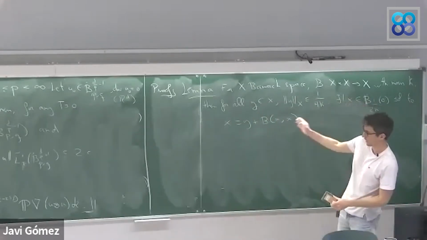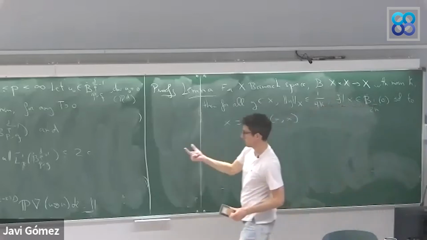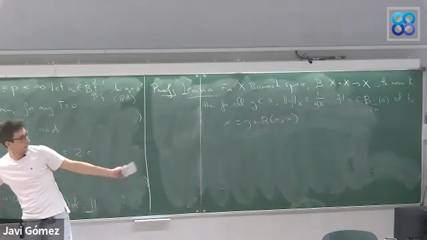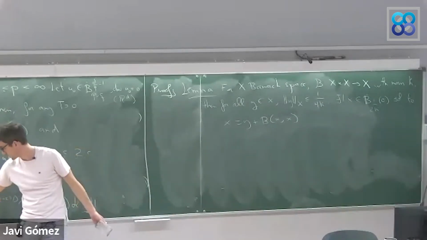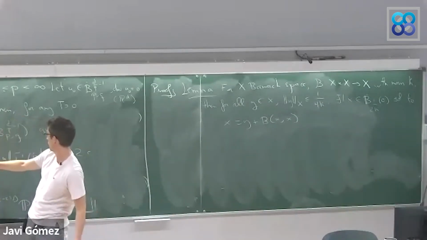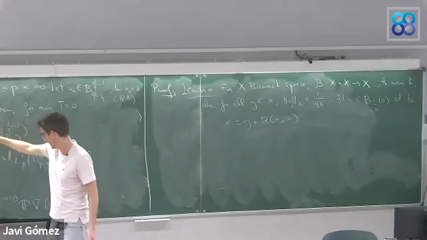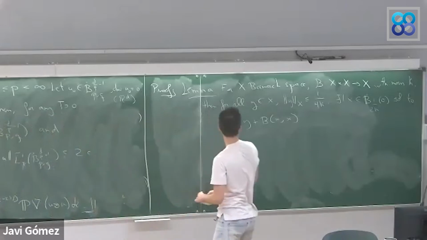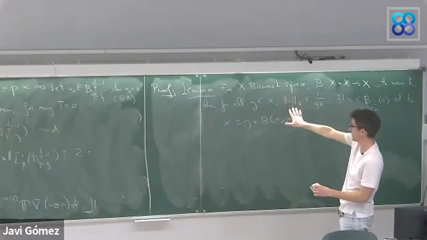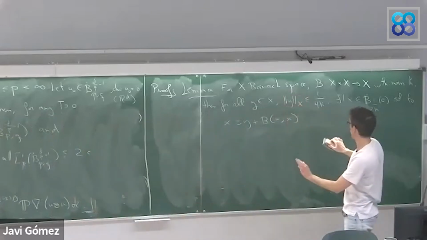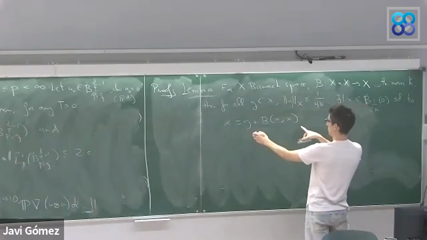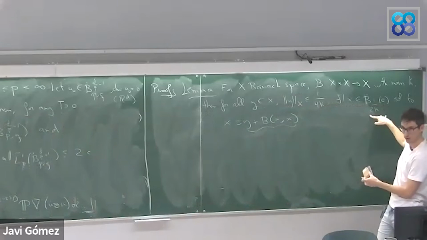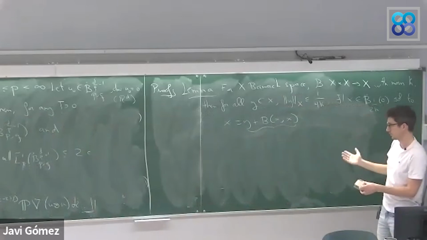And now just looking at them, y is going to be this part here. So we will be able to make y small by choosing the initial data small. So that's why we have this condition here. And then B, the bilinear form. The proof of this, I mentioned the other day, is just the Banach fixed point theorem. Check that this function here goes from this ball to this ball, and that it forms a contraction.